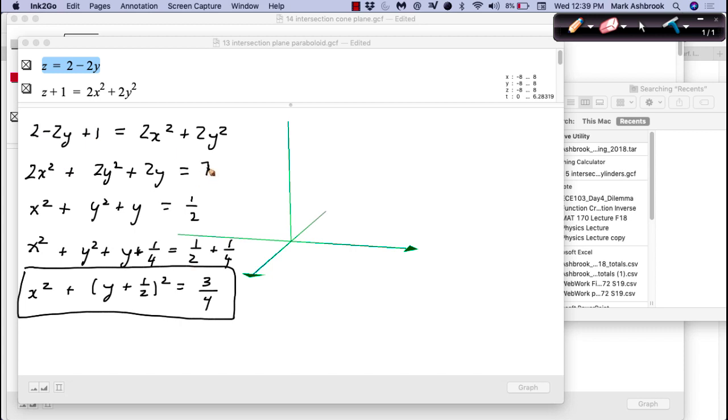Should be 3. What is that? 7/4. 7/4. Does that answer it?